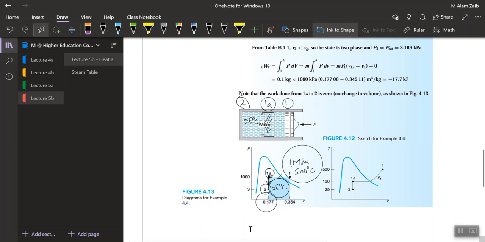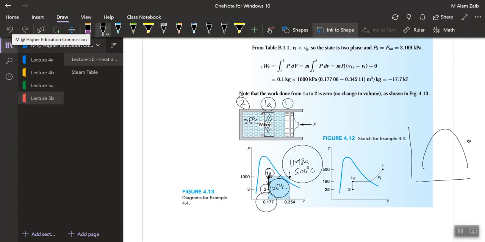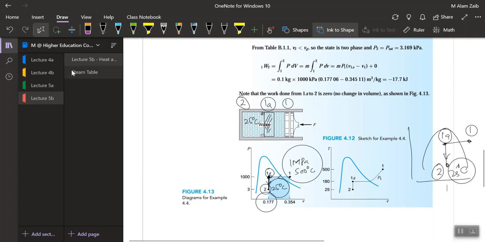So what I mean to say is, as my volume V2, or 1A, is in a saturated region, keeping the volume constant and decreasing the pressure, we would still be in a saturated region. So that means at state 2, 25 degrees centigrade, I am still in a saturated region, in a mixed region.